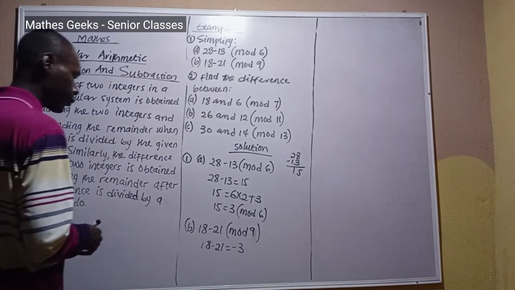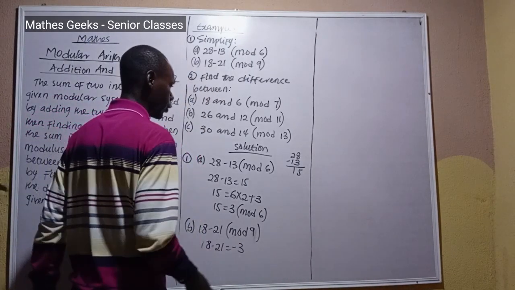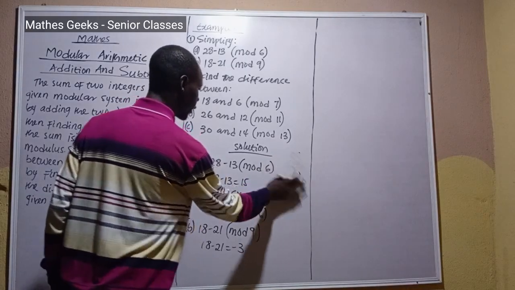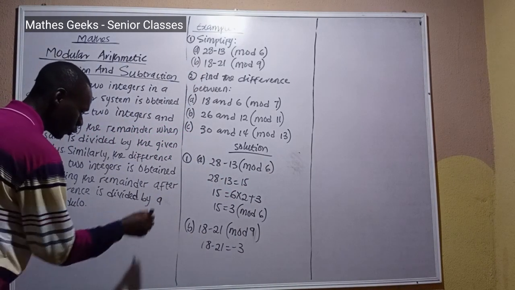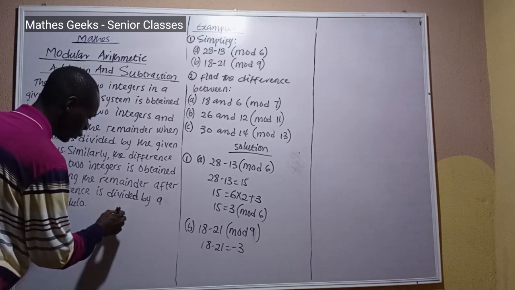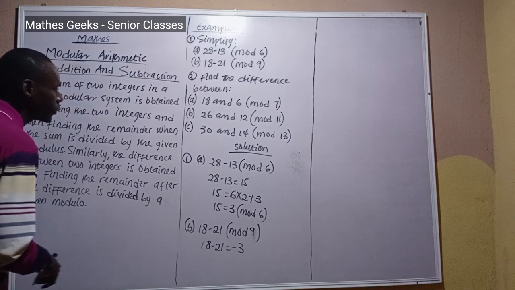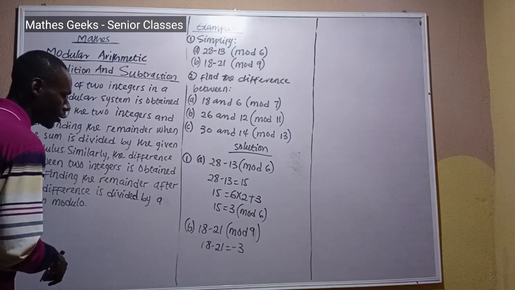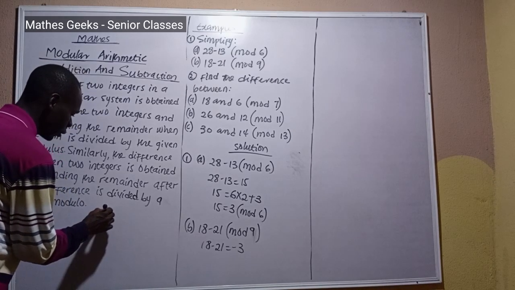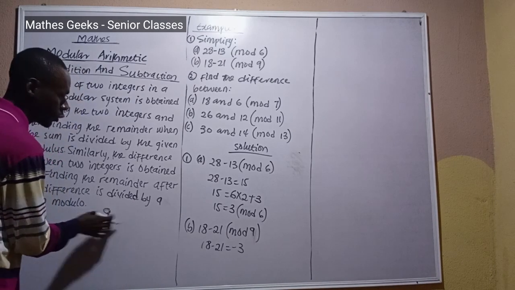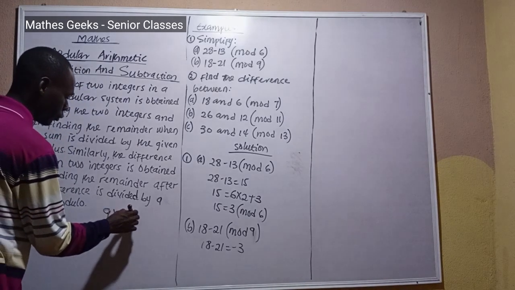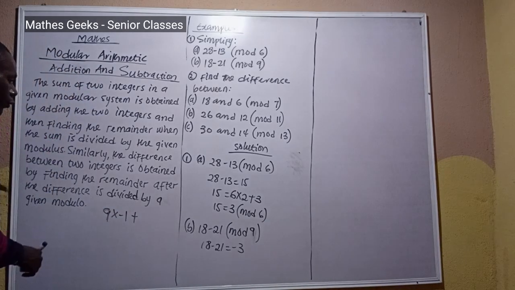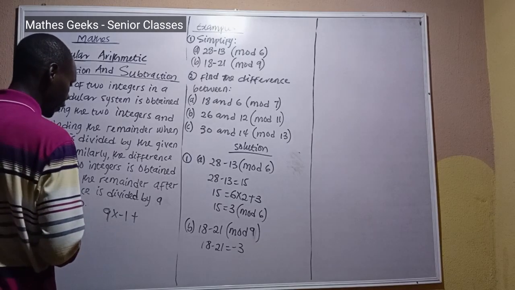For this negative value, minus 3, to get our multiple, the negative multiple of 9 that's closest to minus 3 is 9 times minus 1, which gives us minus 9.